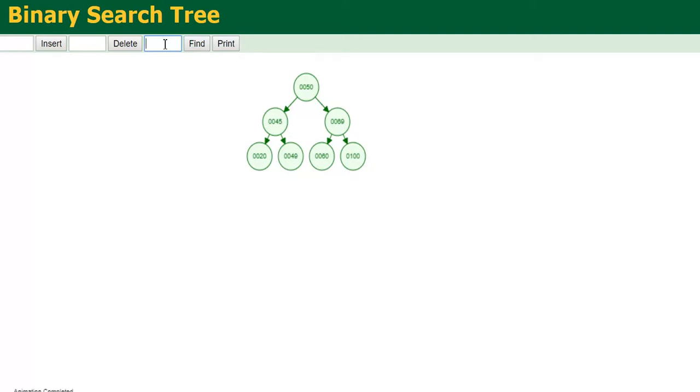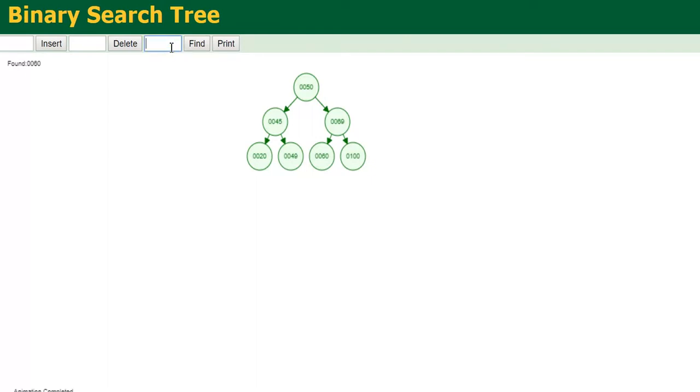There is no need to check the entire set of nodes in the binary search tree. Consider that the value to find is 60. First it checks at the root, then it goes to the right subtree, finds the element there, and the value is found.